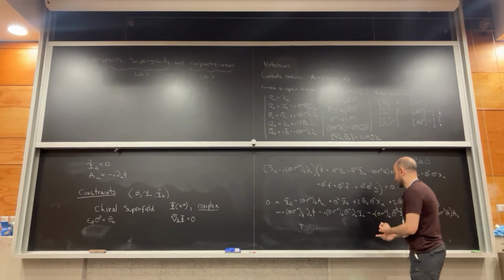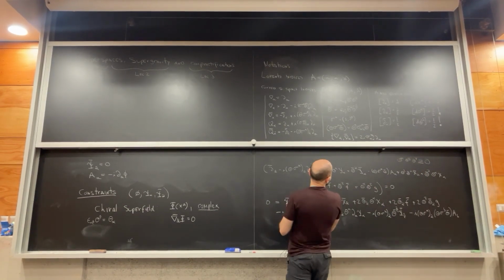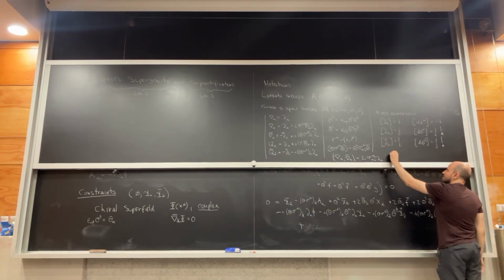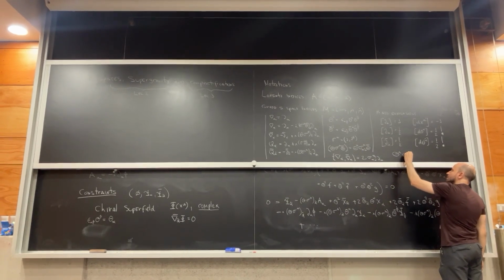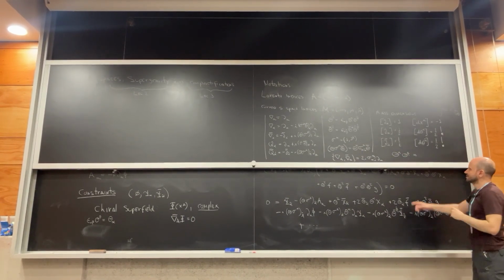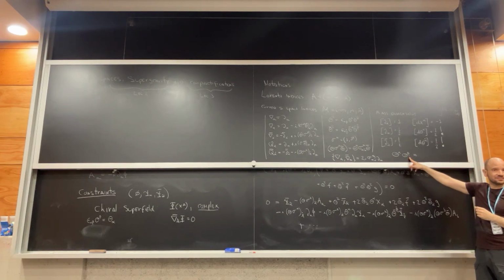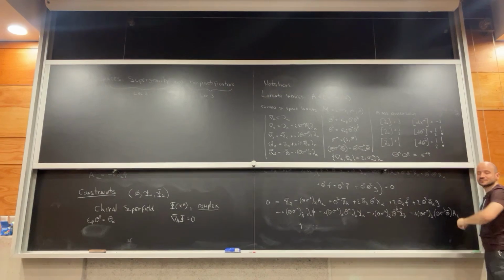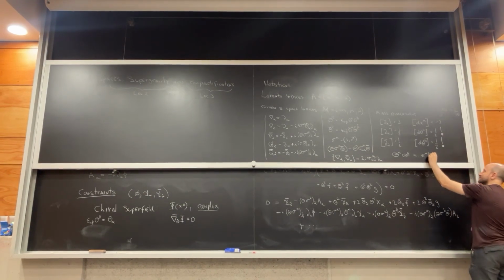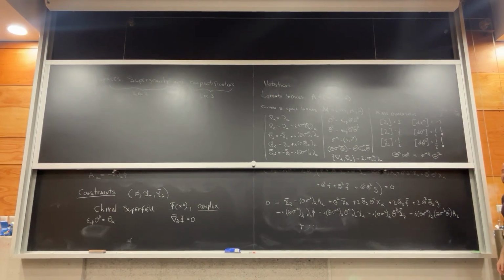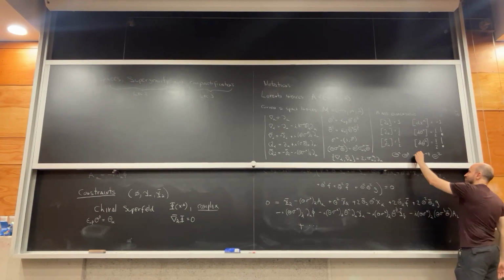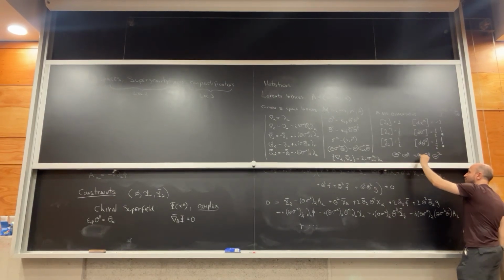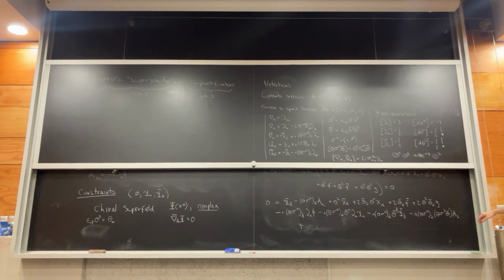So now I have to do something here, which is, this is anti-symmetric in alpha and beta. It should be proportional again to epsilon. There's a factor here that I'm also not going to be careful about. So there is a number here. I think it's half. It's not important. So there is a half here.